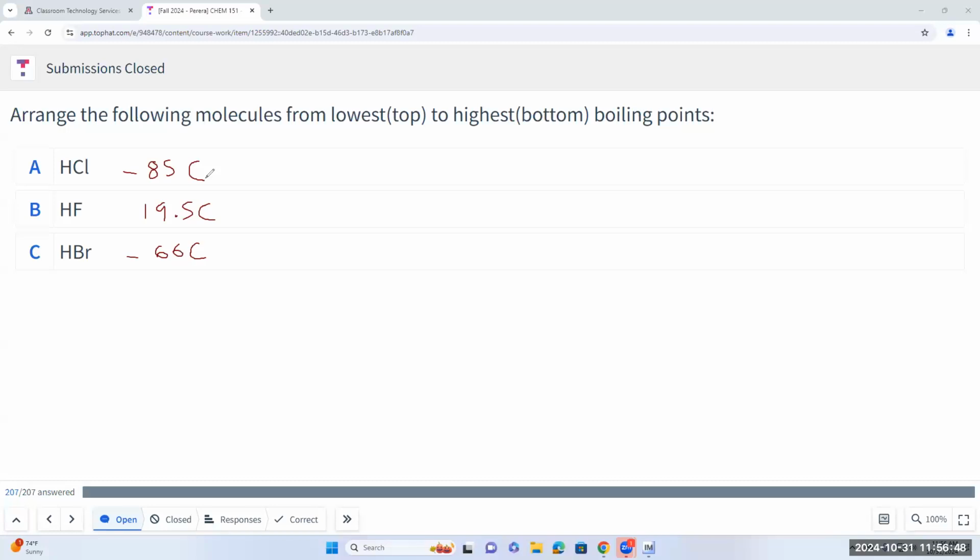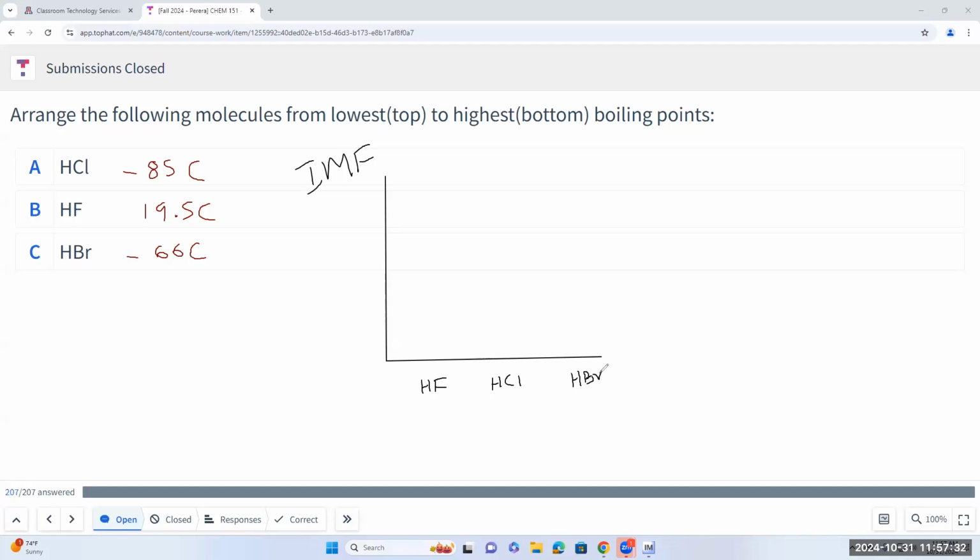Now one other question: what value is bigger, negative 66 or negative 85? Negative 66 is bigger. Right? Okay. So keep that in mind. And therefore, if you drew the bar chart, let's do that. I'm going to have intermolecular force strength on the y-axis. This is IMF strength, and then I have HF, HCl, and HBr.